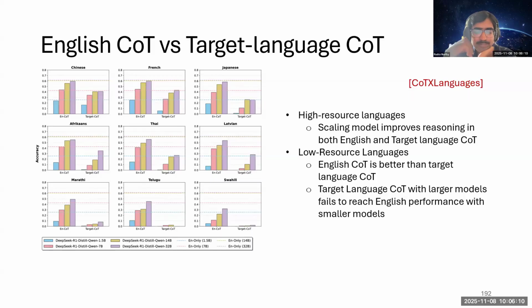As you increase the model capacity, the performance increases. However, the performance using target COT is still very low. I mean, if you use say a 15 billion parameter model and train it using the target COT, the performance is still not comparable with, let's say, using a 1.5 billion parameter model with translated English COT. Moving on to the next slide.